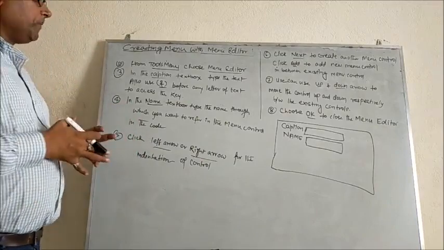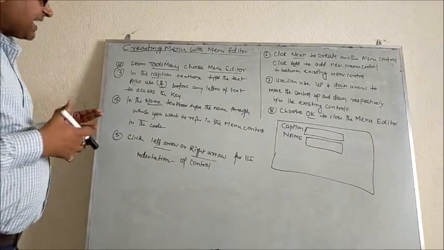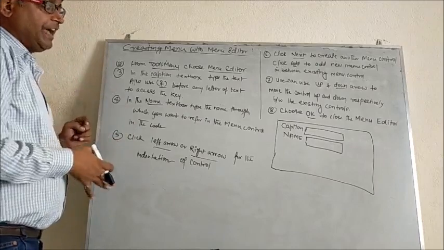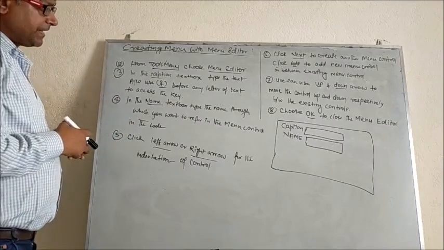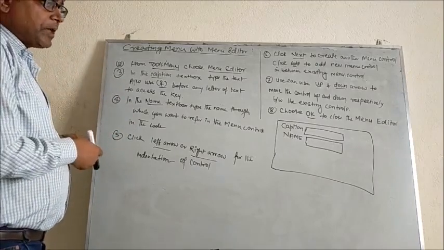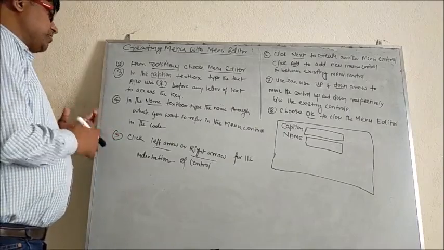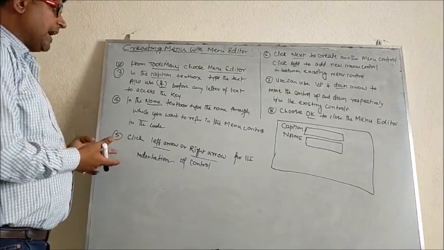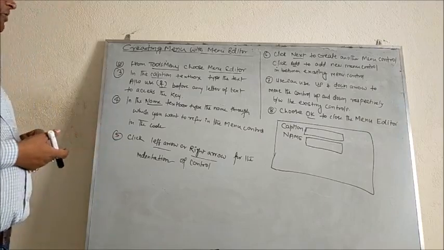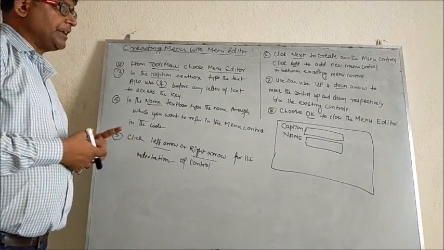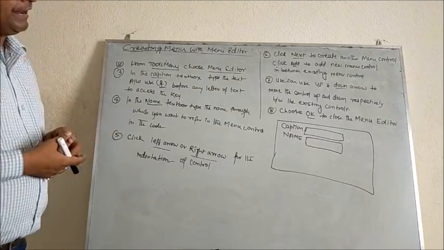If you want to access the particular menu item with the help of a key, you may use an ampersand. Otherwise, if you don't want to use an access key, please don't use an ampersand. But I suggest it will be better to use an ampersand so as to access the key.